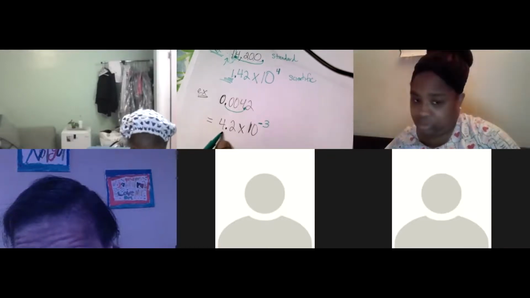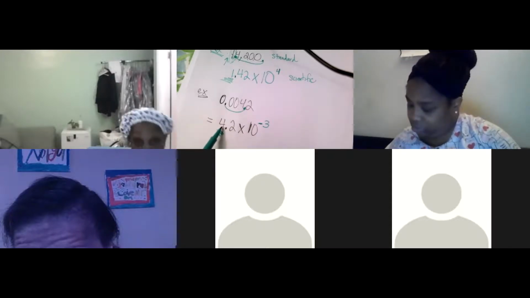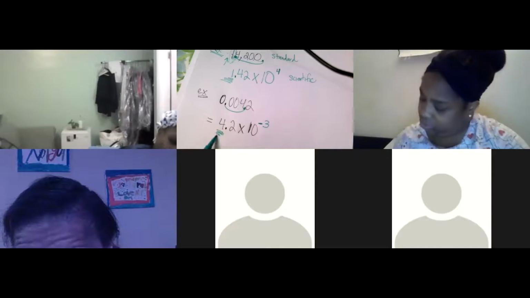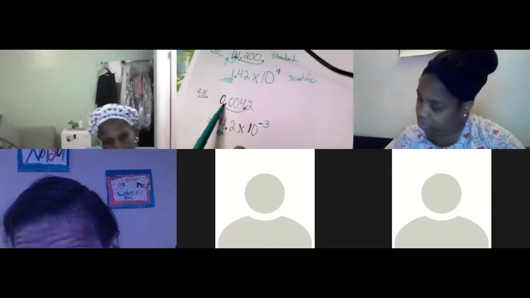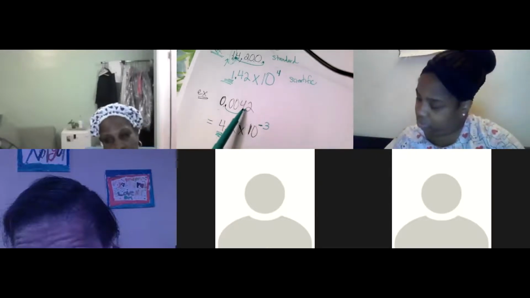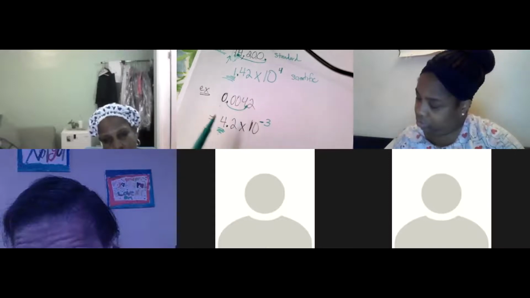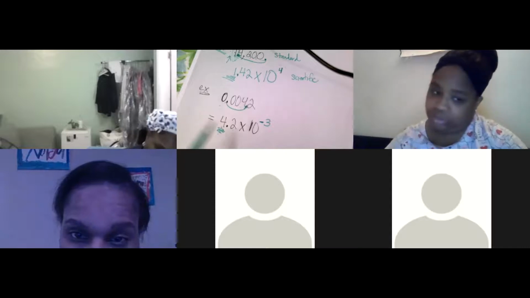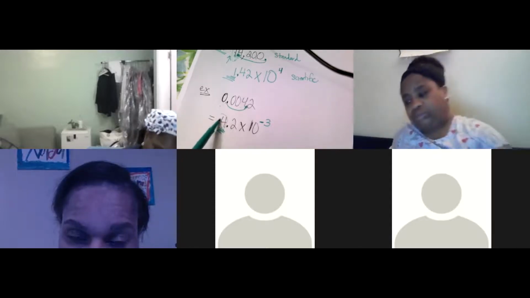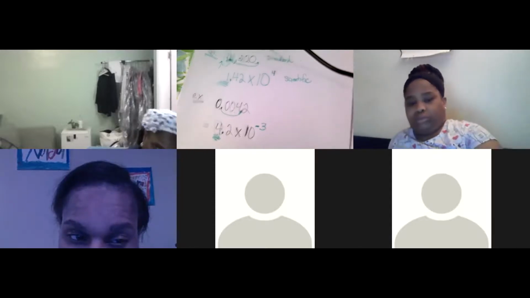So again, this first number, this first integer, has to be between a 1 and a 9. So we move this decimal right in between the 4 and the 2. You still have to use the 2, but this first number in front of the decimal is just going to be 1 digit between a 1 and a 9.